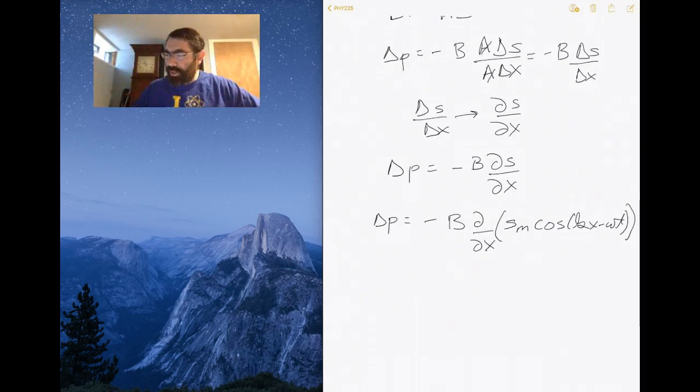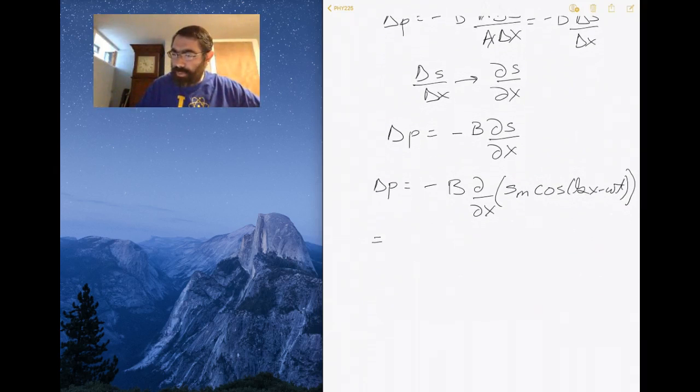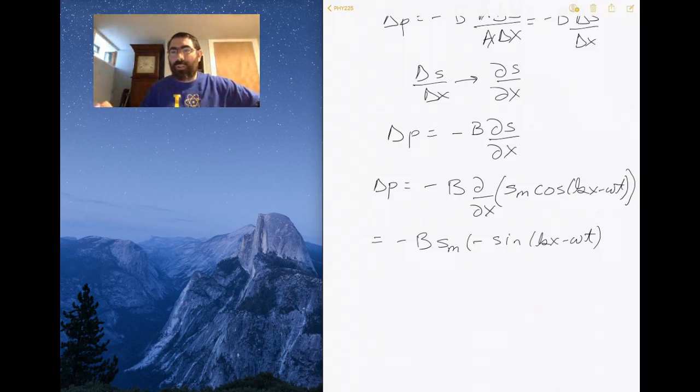Okay, so now if we perform the derivative, we have minus B S max, the maximum amplitude. The derivative of the cosine is minus the sine of kx minus omega t. And then we have to apply the chain rule, and I get another k outside here.